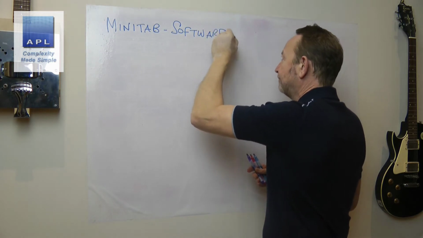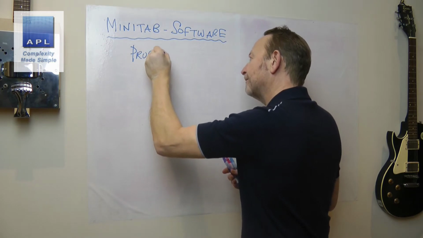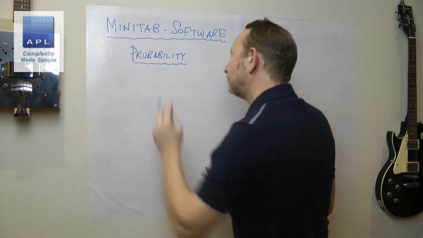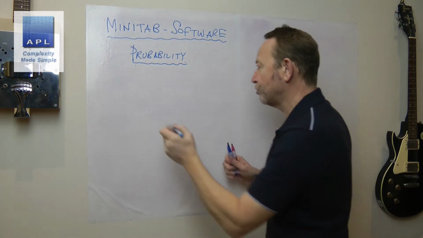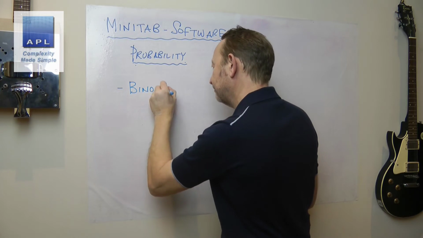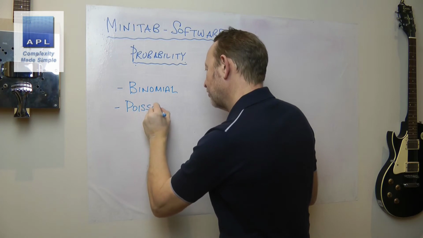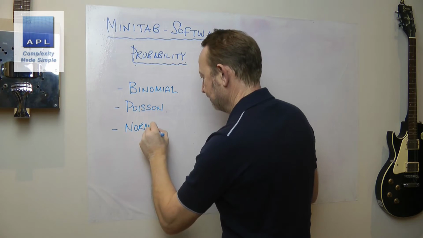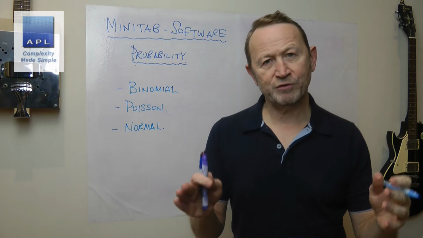In particular, what's the best way to do probability calcs in Minitab, and the 3 distributions that you're going to see at work: the binomial, the Poisson, and the normal.